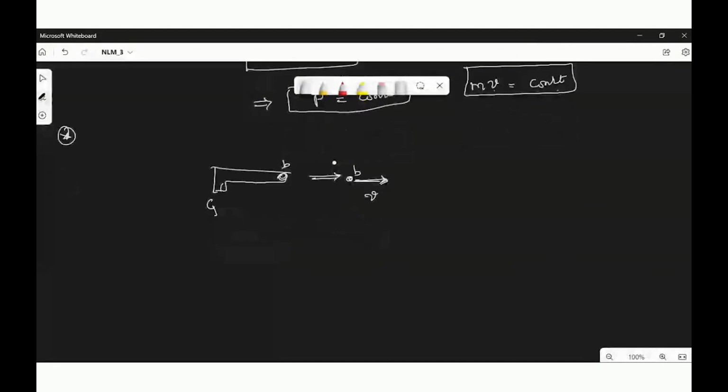So see here, let us say the force on the bullet by the gun, when you just trigger it, be something like F. Now the force on the gun by the bullet will be how much?